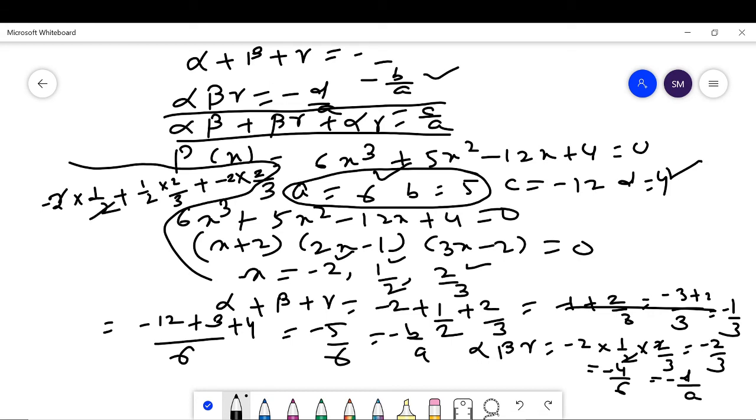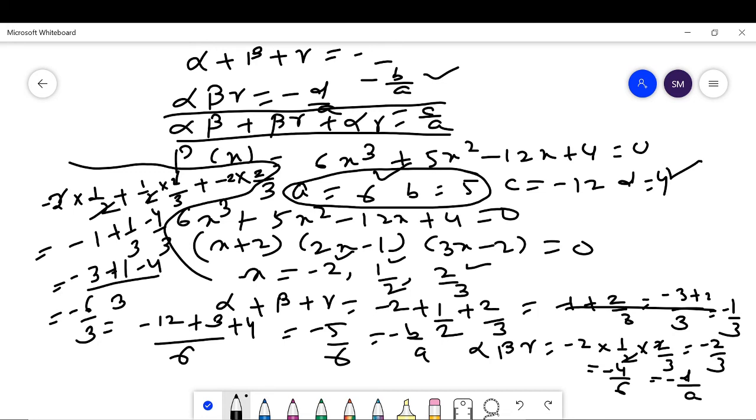Here 2 cancels, we get minus 1, 2 cancels, plus 1 upon 3, minus 4 upon 3. Then 3 is the LCM. We get minus 3 plus 1 minus 4, then minus 6 upon 3.